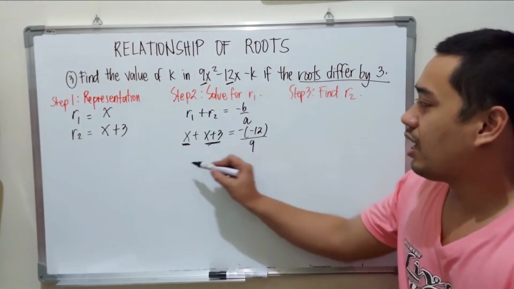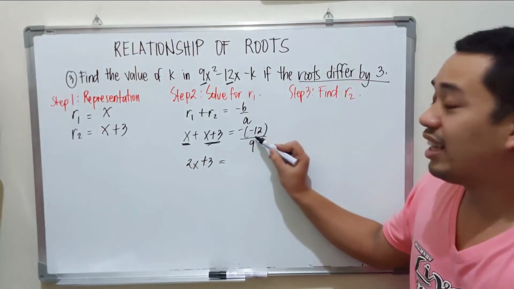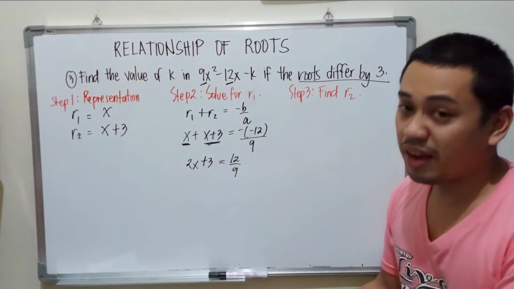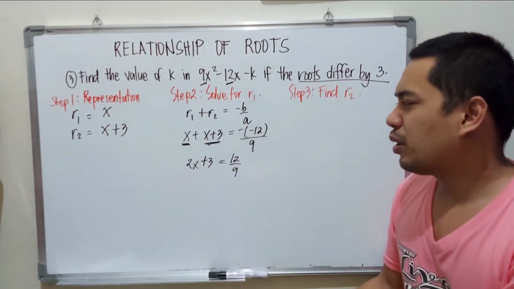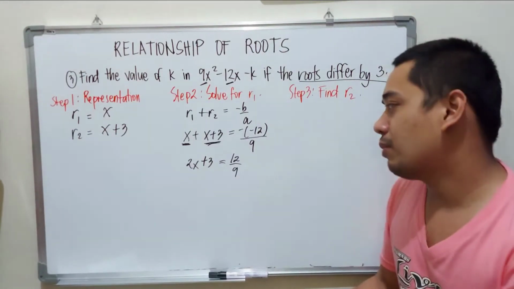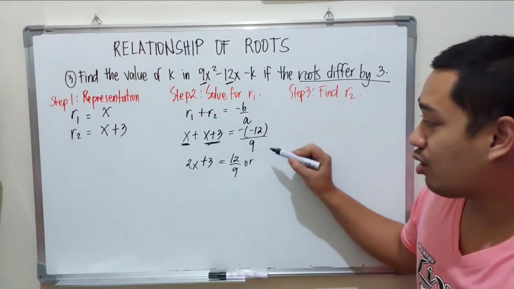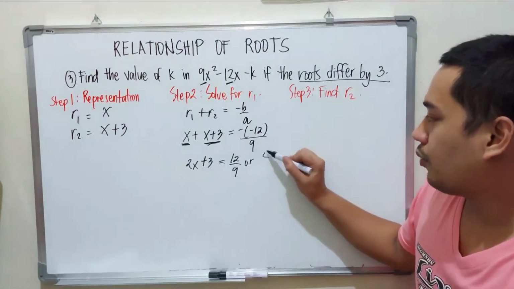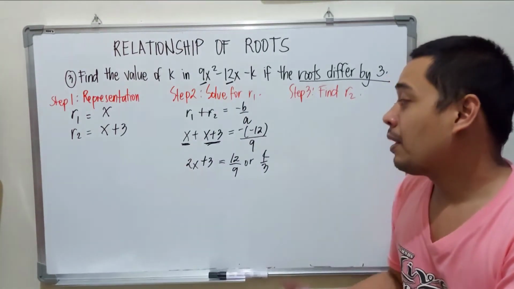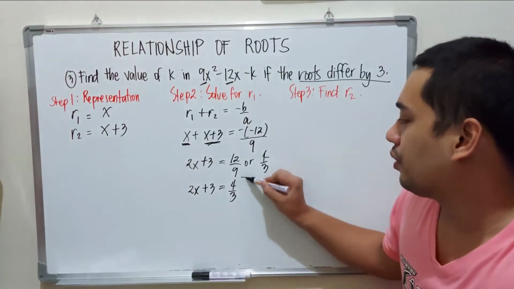Solving further, we have 2x plus 3 is equal to negative times negative 12, 12 over 9. Simplifying the fraction, or pwede mo na siya agad i-multiply by 9. Depende kung anong way ka mas mapapadali. But for me, I would like to convert it first to its lowest term. So, 4/3 bago ko siya i-multiply sa denominator para ma-cancel out na natin yung fraction.